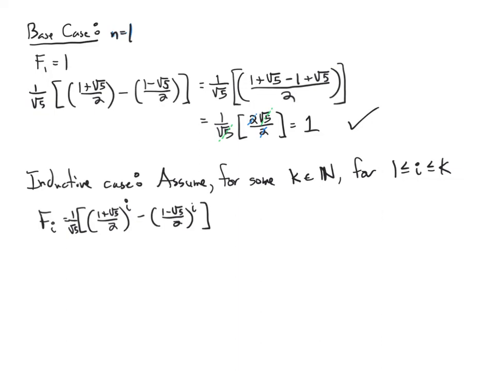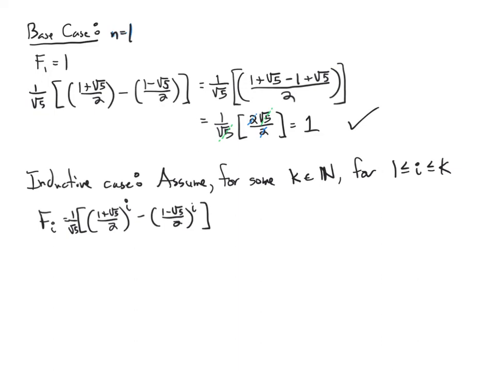Okay, so if you haven't tried it from here, it's a good idea to pause the video and try this yourself. Remember, you want to show that this is true for k plus 1. We're assuming it's true for all values from 1 to k inclusive. We want to show it's true for k plus 1.